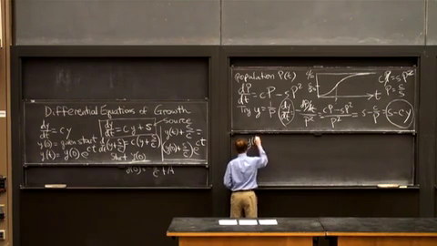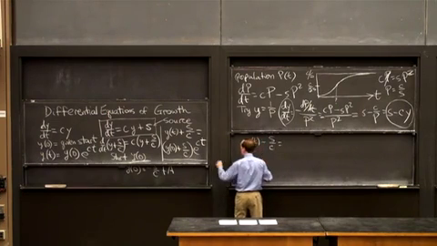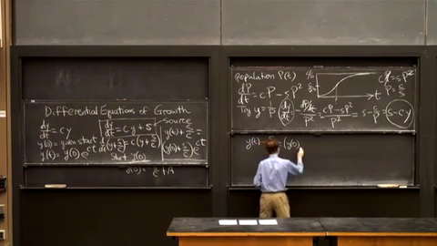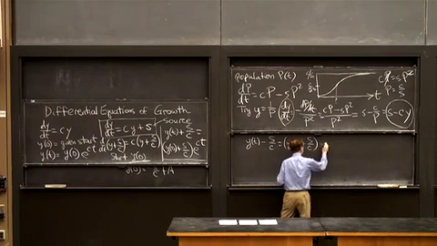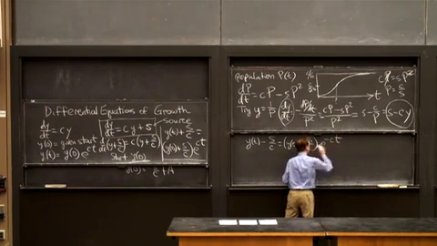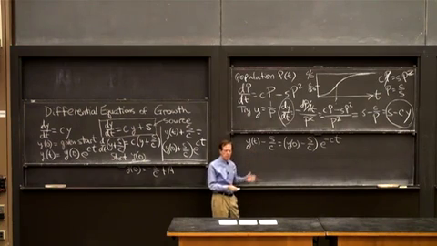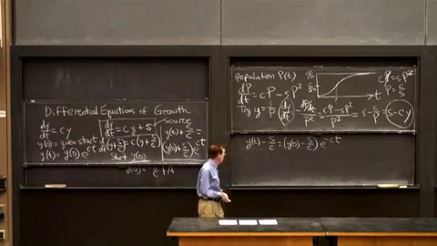Y of t. Now c is coming in with a minus sign is y of 0 minus s over c. C has that minus sign. E to the minus ct. Okay, good. That's the solution for y.